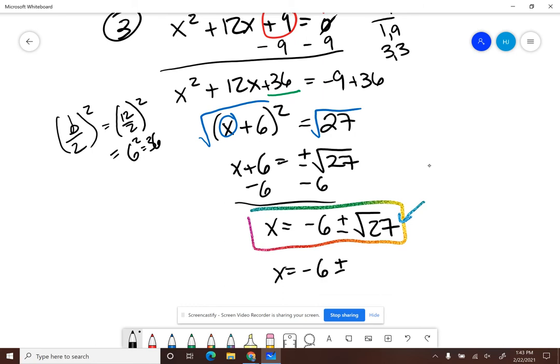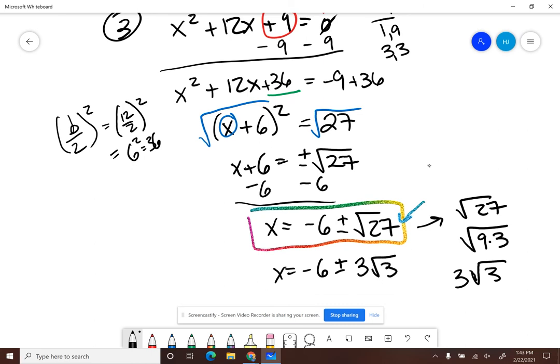Okay, so this square root of 27 actually has a perfect square of 9 hiding inside of it. 9 times 3 is 27. So the square root of 9 would be, let's finish it, 3, and the other 3 has to stay inside. So this, in fact, would be my final answer right here. x equals negative 6 plus or minus 3 radical 3.